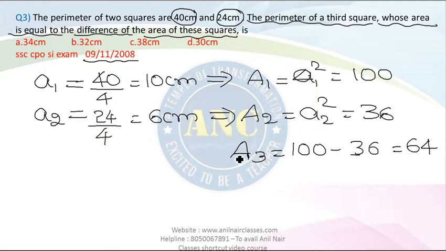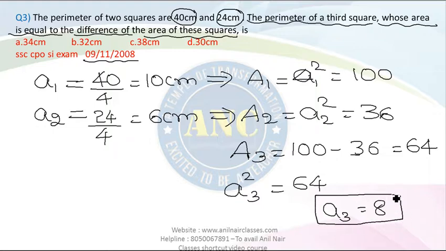If the area is 64, then a3 squared is 64, so the a3 value will be the square root of 64, which is positive 8.